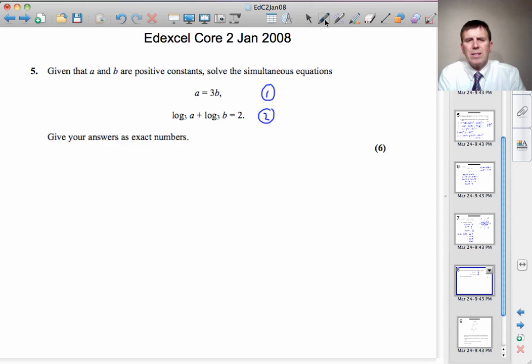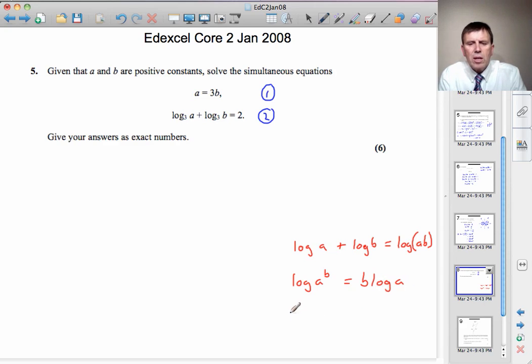I'll begin by writing down the rules for logarithms that we'll be using to tackle this question. We'll be using the fact that log a plus log b can be written as the log of ab. We'll also be using the fact that log of a to the power b can be written as b log a.